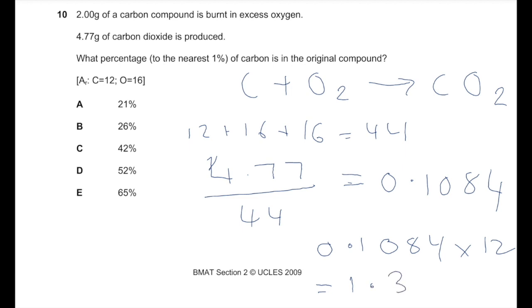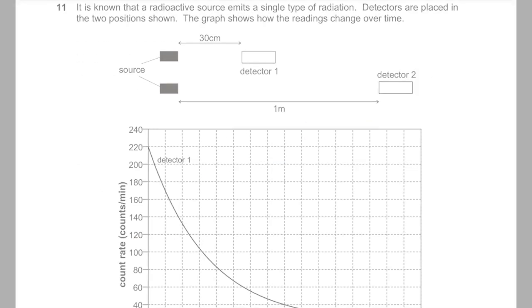Now we need to work out the percentage of carbon in the original compound, so that's 1.3 over 4.77 times 100, which is equal to about 65%. So the answer to question 10 is E, and that's question 10 completed.